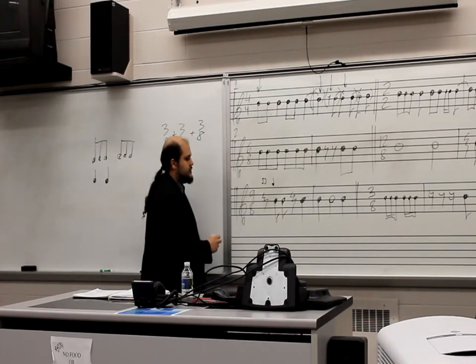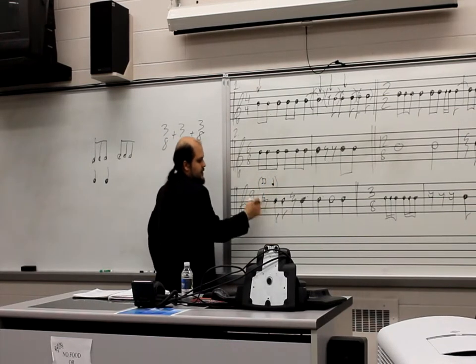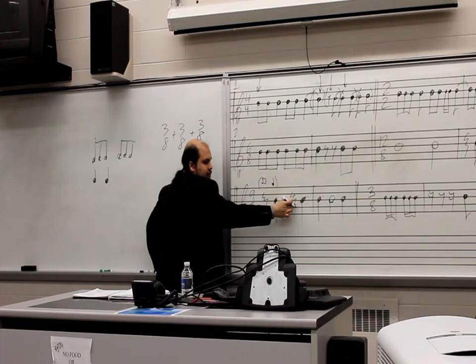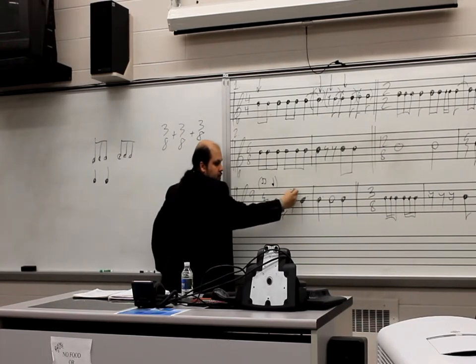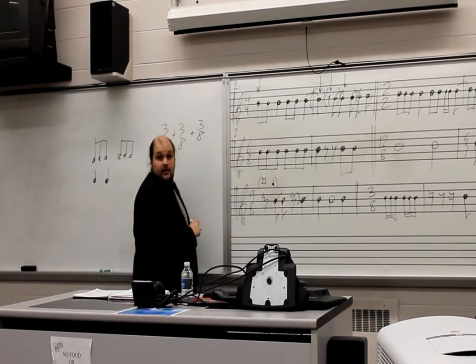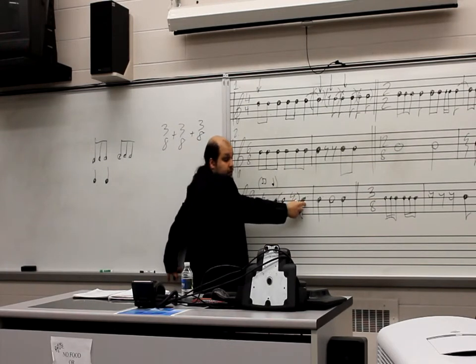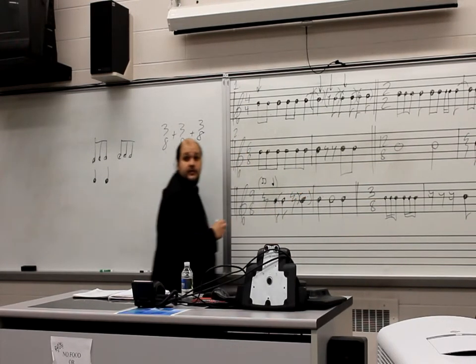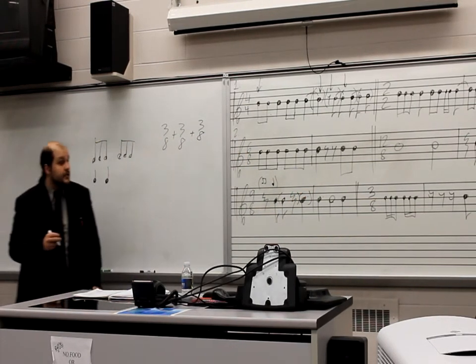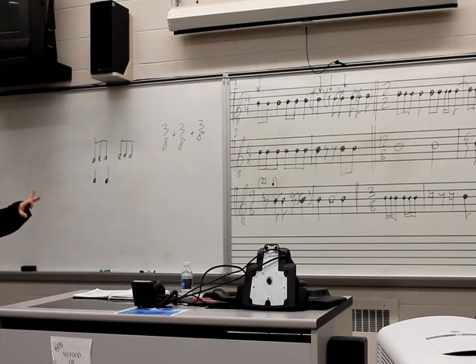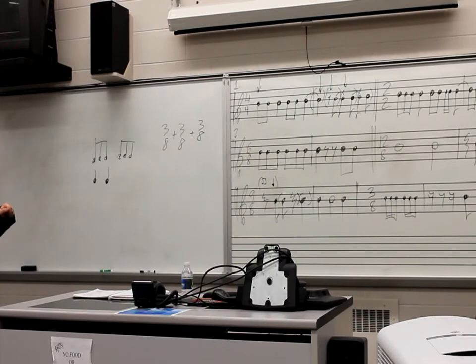There. So there's our first group of 3 here. 1, 2, 3. 1, 2, 3, right? So that's actually okay. And then this dotted quarter note is 3 eighth notes, right? So 1, 2, 3. So now that reflects the 3 groups of triple. All right? Any questions?